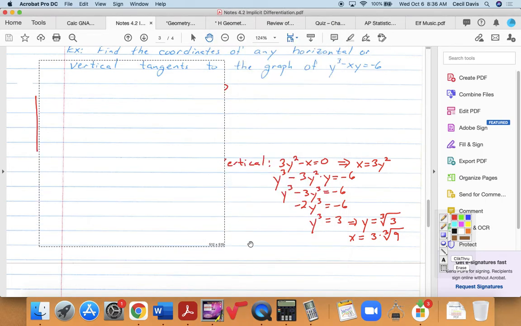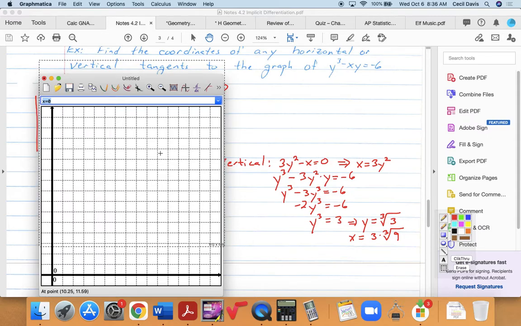I'm going to use Graphmatica. So I'm going to graph that original equation: y cubed minus xy equals negative 6.